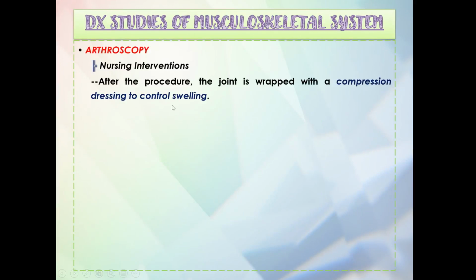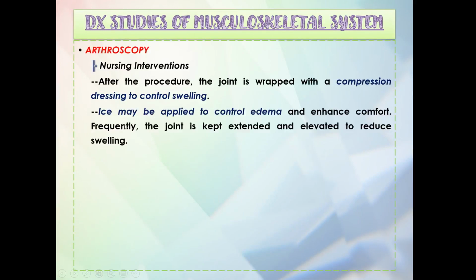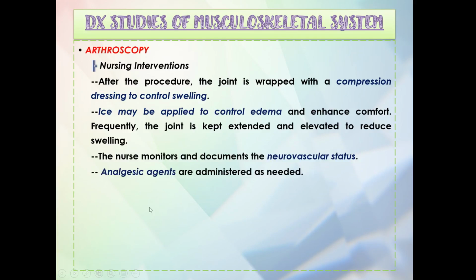So, after the procedure, the joint is wrapped with a compression dressing to control swelling. And then ice may be applied to control edema. And then joint is kept extended and elevated to reduce swelling naman. And then the nurse monitors and documents again the neurovascular status.